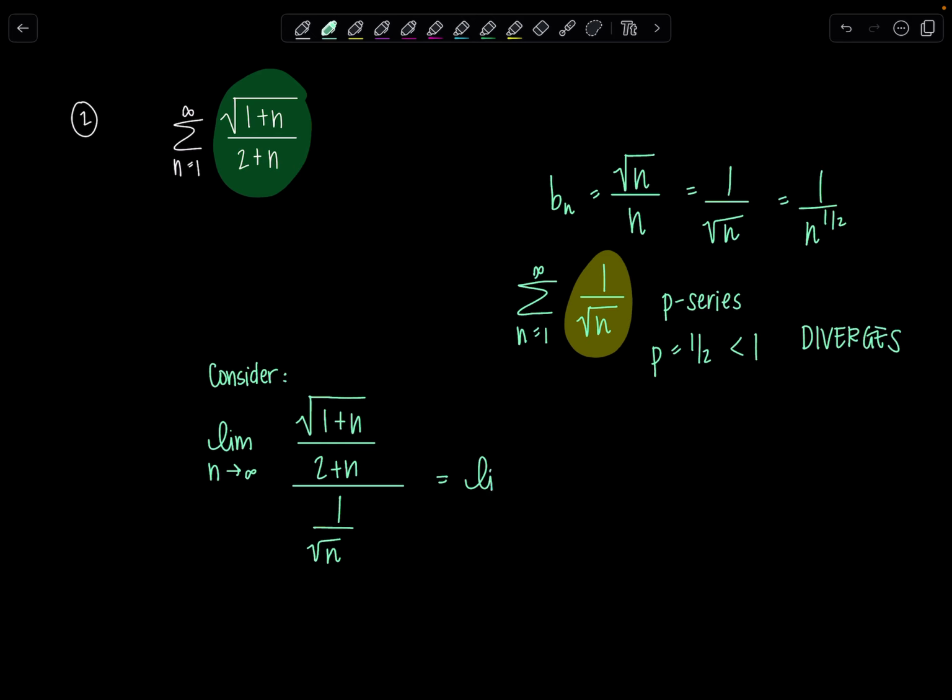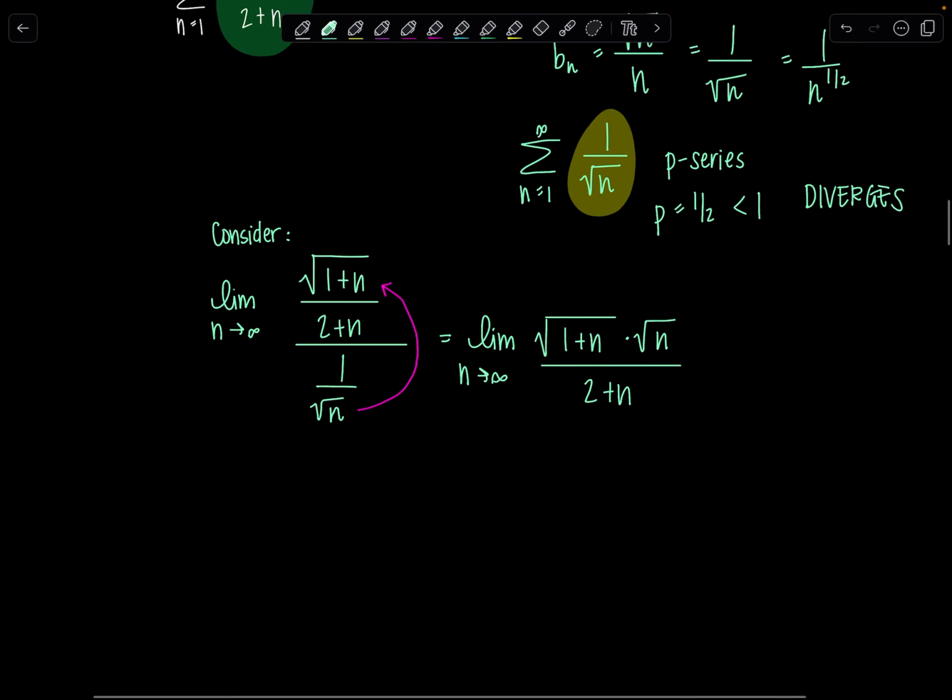So this is going to be the limit as n goes to infinity. That rad n is going to flip up to the numerator. So then I'm going to have square root of 1 plus n times rad n over 2 plus n.